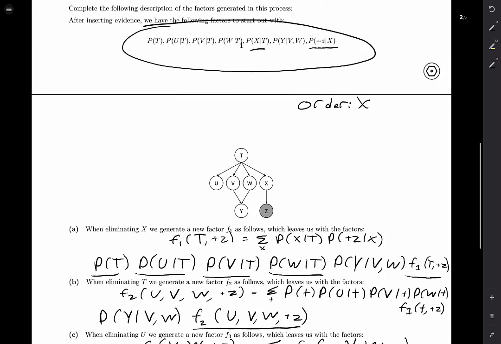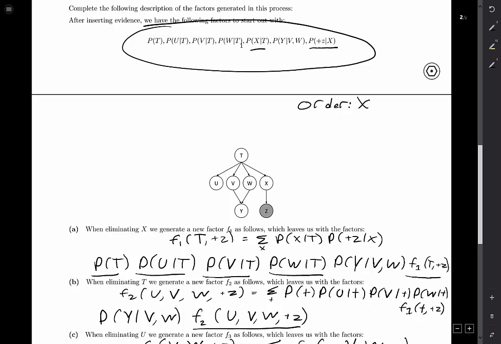So if X is first, then what factor will I get out of it? Well, I'll get a factor that involves t and x. We can write this out explicitly. It involves probability of x given t and probability of plus z given x.